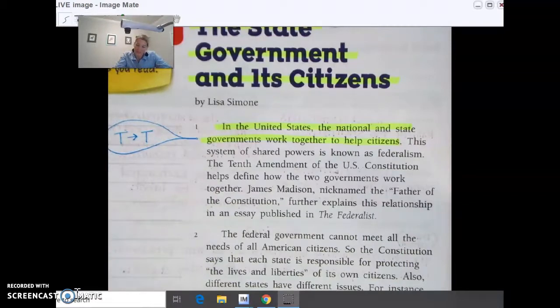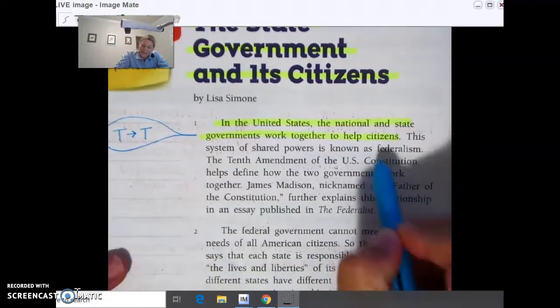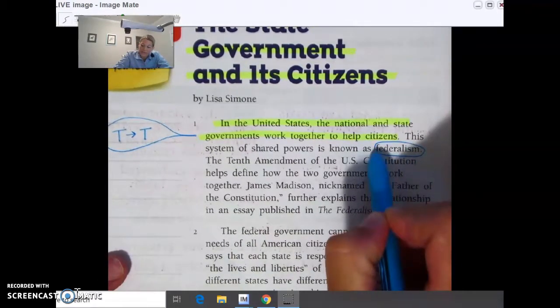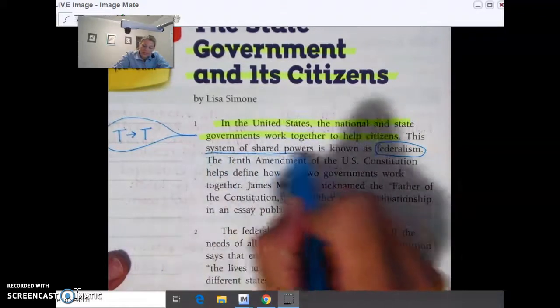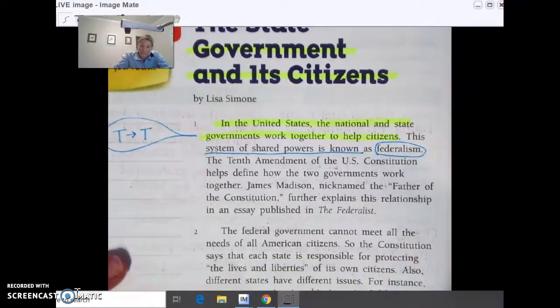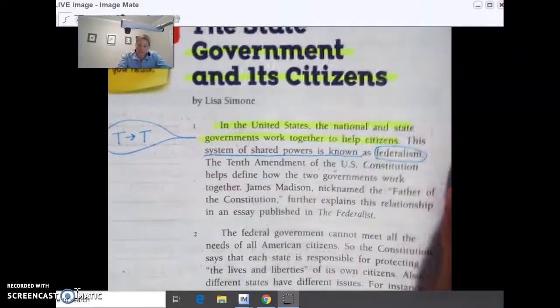We learned about that last week. "This system of shared powers is known as federalism." Federalism is probably a new word for most of us, but it's nice because they give us the definition right here. It's the system where the powers are shared. So that's probably important if they just straight up told us what it means. They didn't make us make an inference and figure it out. They told us. They want us to know.